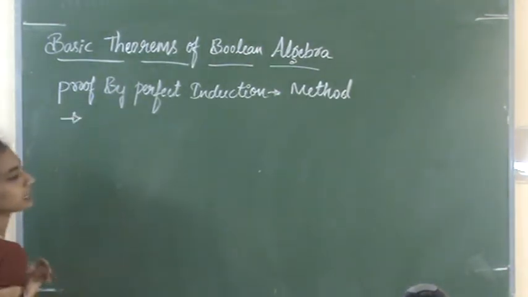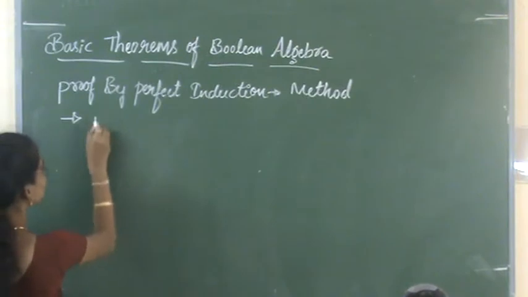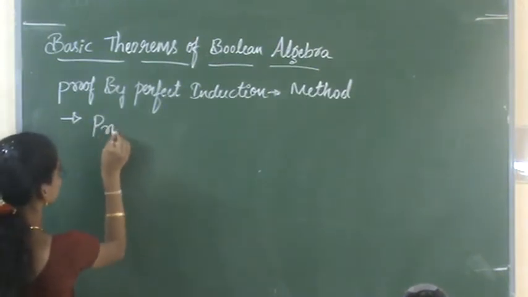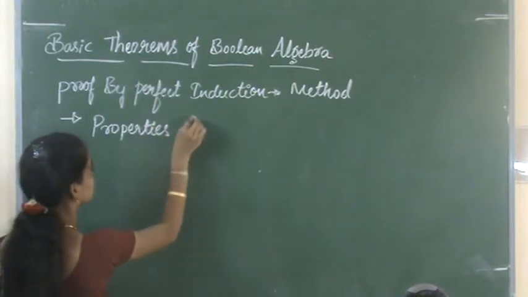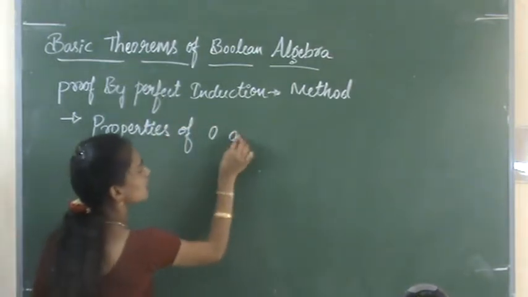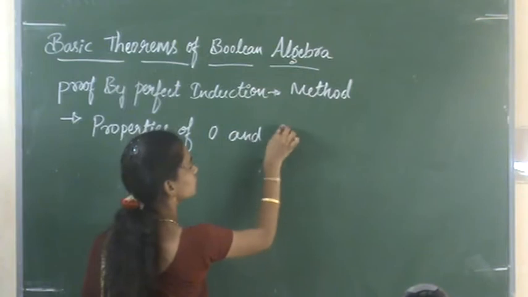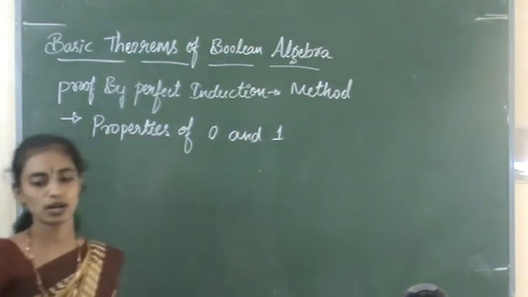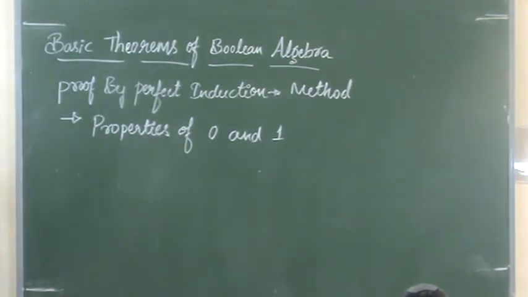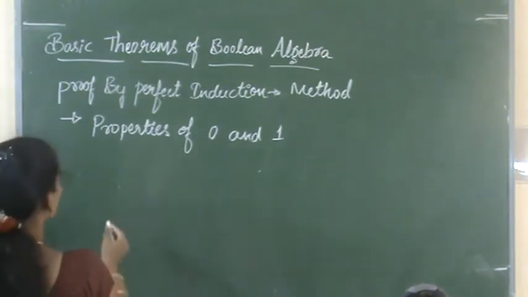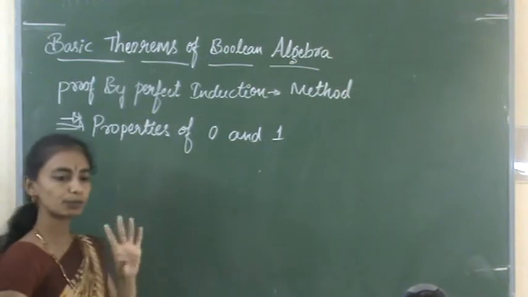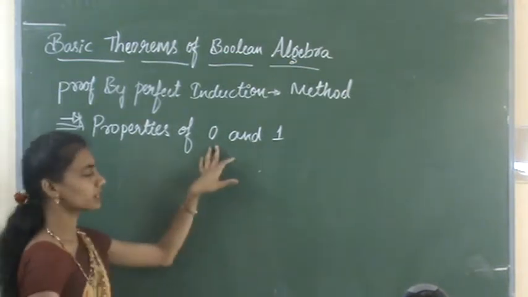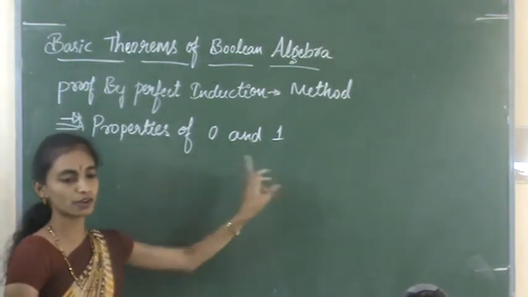So the first theorem is the properties of 0 and 1. We will study what the properties of 0 and the properties of 1 are. We have 4 properties, 2 properties of 0 and 2 properties of 1.